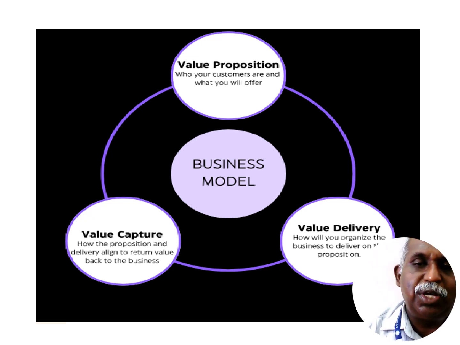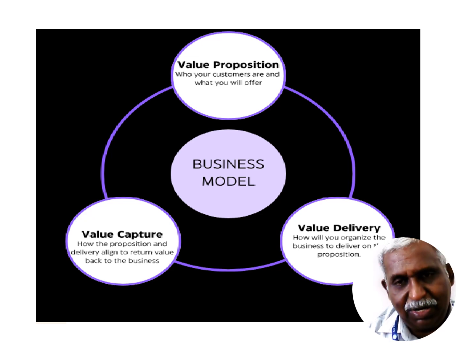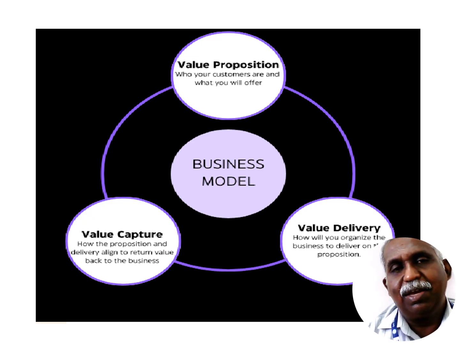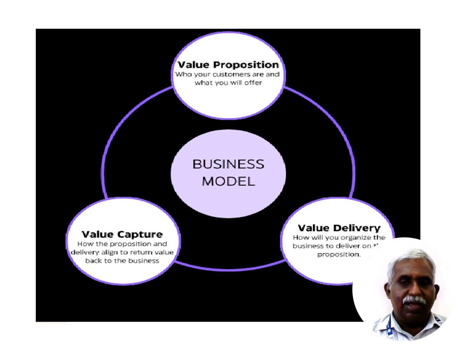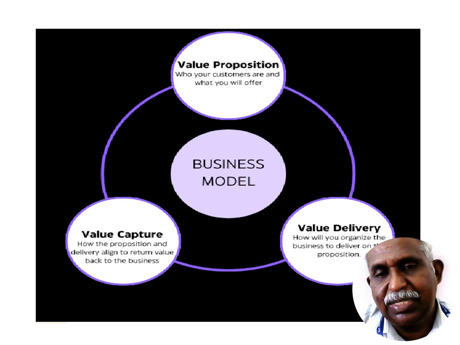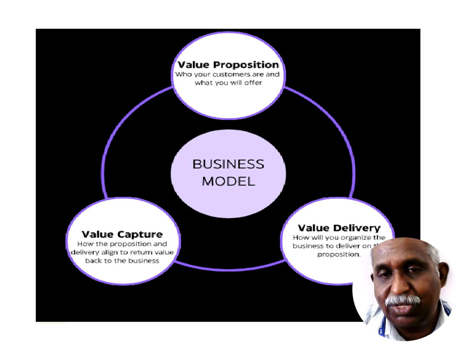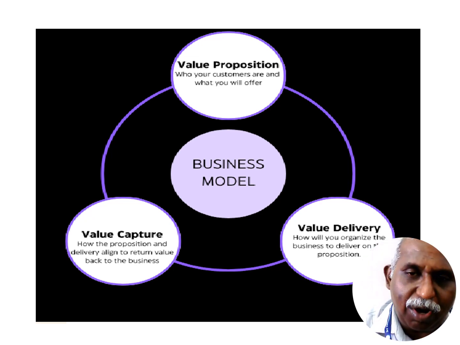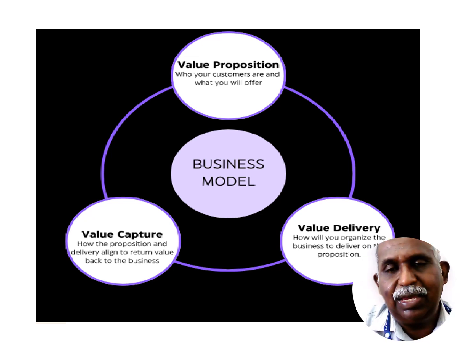Now I am going to give you a car at 2 lakh rupees with the comfortable stability of a car. Everything good. That is my value proposition in the business model. Then, how am I delivering to my customer with that same value proposition without any change? Low cost car is my value proposition.